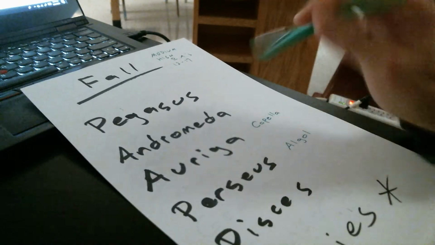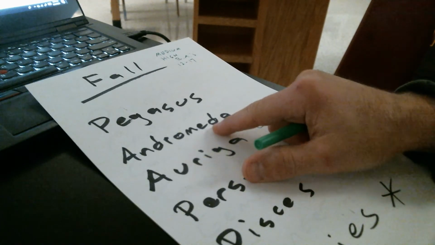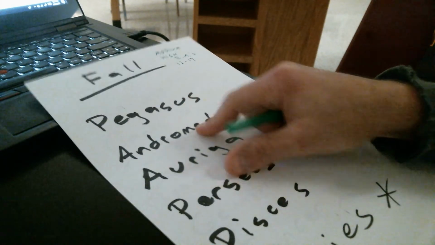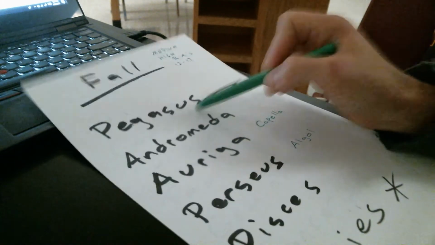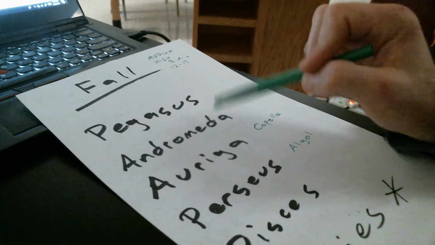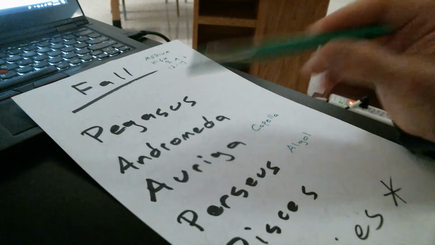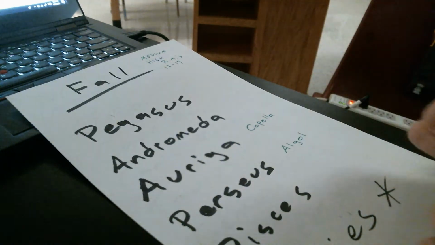Then Andromeda is a constellation that is very closely associated with Pegasus. And then you also know Andromeda has a galaxy very, very closely associated with it.